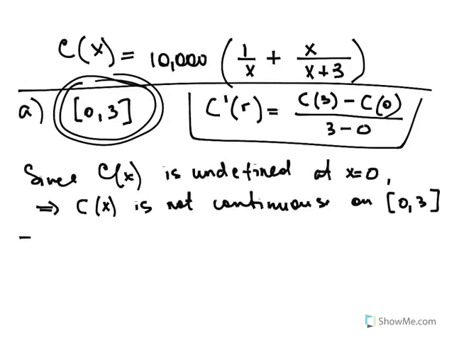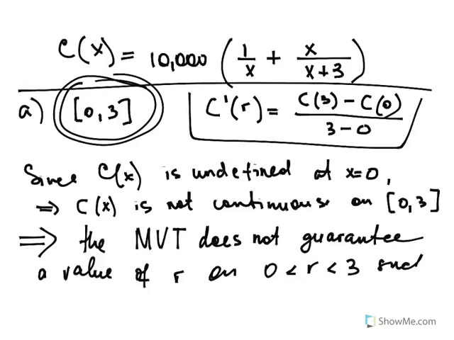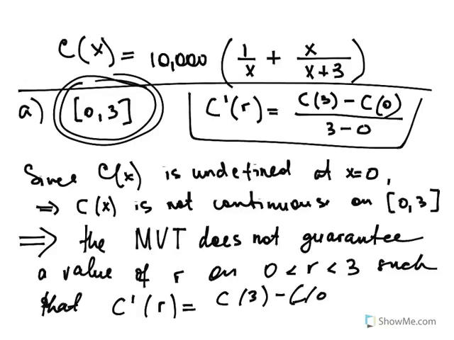Now you say, therefore, the MVT theorem does not guarantee a value of r on this interval such that C prime of r equals the average rate of change. So it's not possible. And one more time, how come it's not possible?